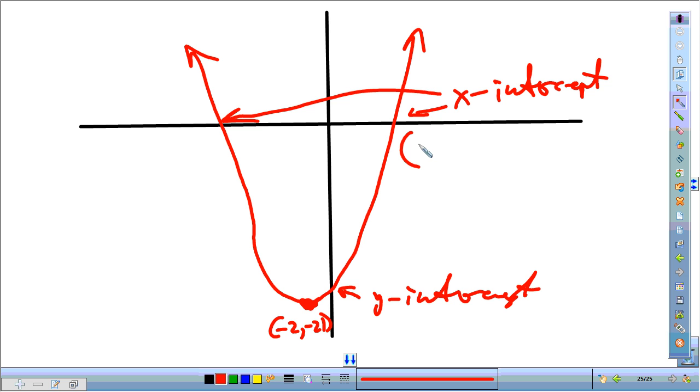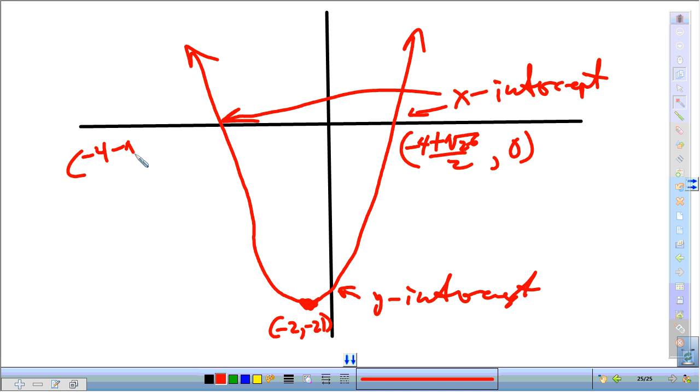And so the x-intercepts: minus 4 plus square root of 26 all over 2, and the other one at minus 4 minus square root of 26 all over 2. And then the y-intercept we have here at minus 5.